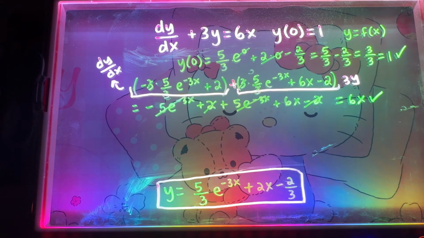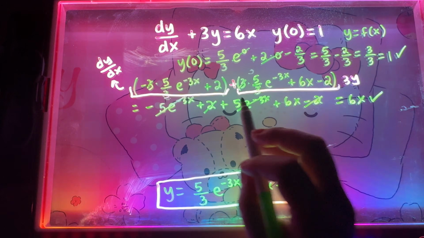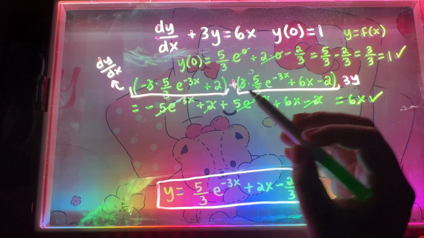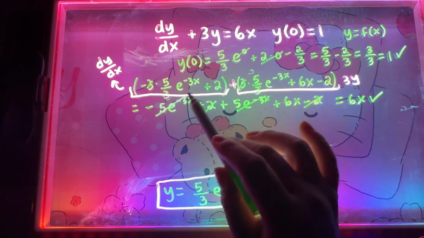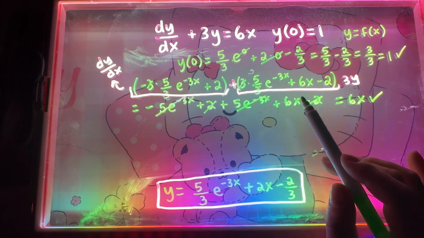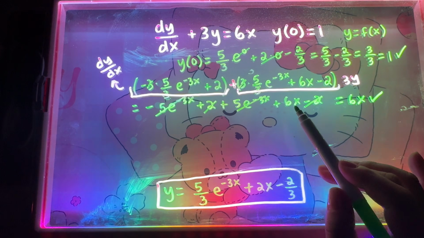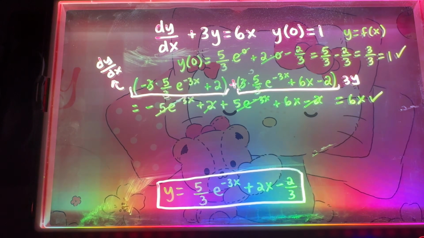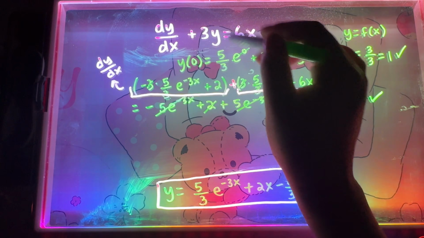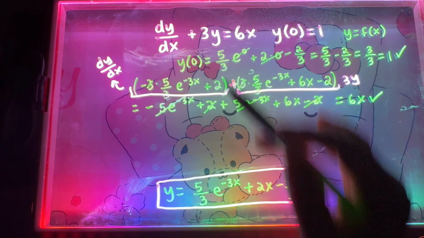It's kind of good to do in general, but as you do these problems, you can kind of see how we had it before. We had d of e to the negative 3x times y, right? That's kind of the whole point of finding this integrating factor and multiplying it across the whole equation, so that you can kind of combine these parts here.